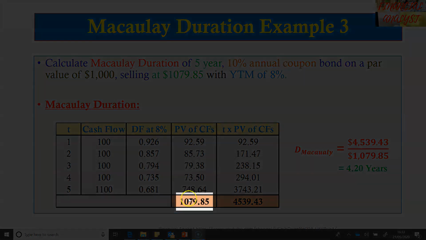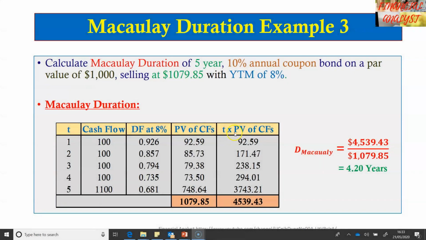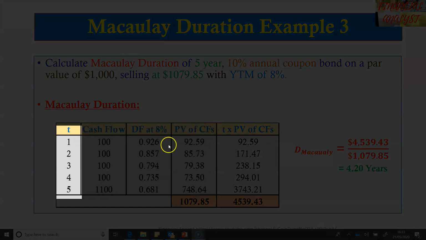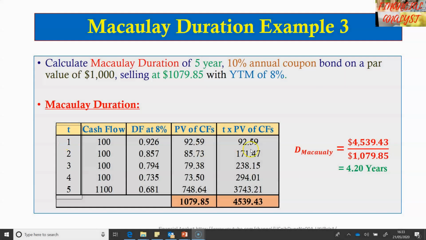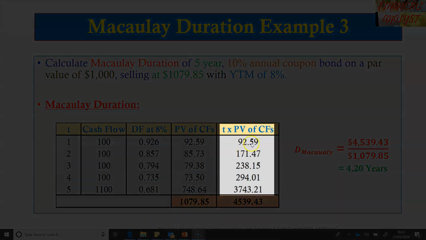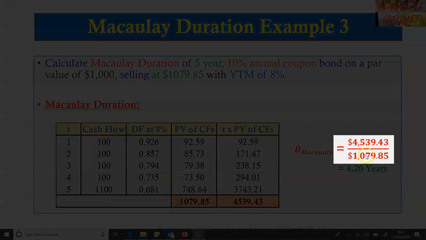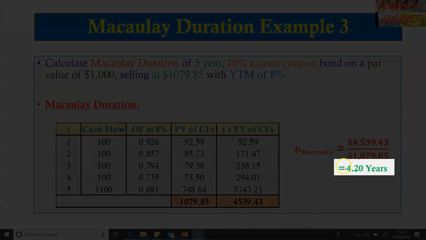That gives us the price of the bond when we total it. And then we multiply the present values of cash flows in each period by the corresponding year, and this gives us the time weighted present values of cash flows. We sum this and divide it by the price of the bond, which gives us the Macaulay duration equal to 4.2 years.